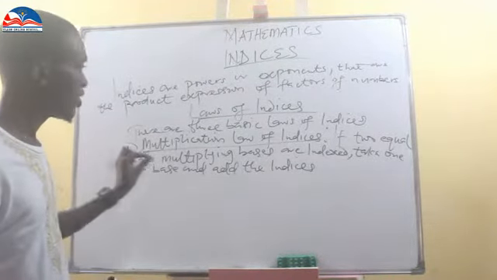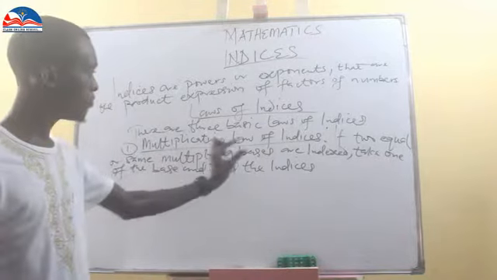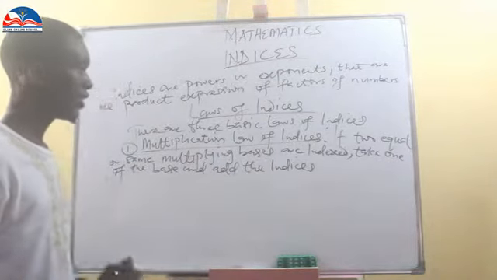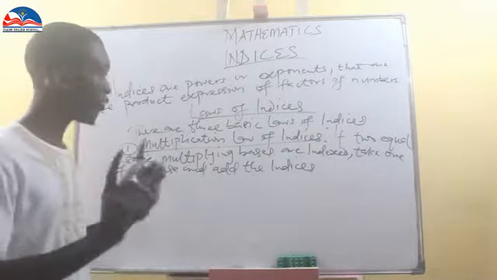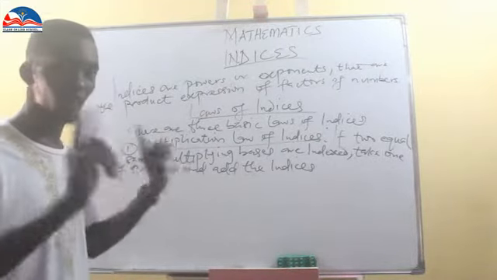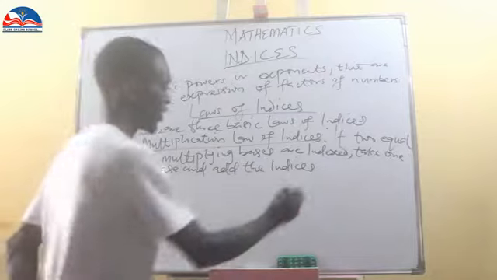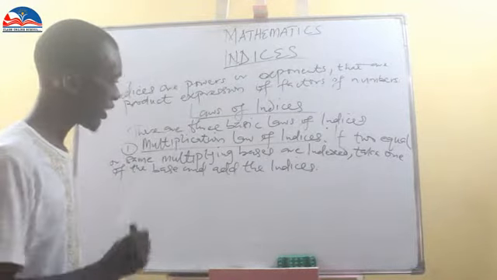If two equal or same multiplying bases are indexed, take one of the base and add the indices. This is the first law of indices, multiplication law.